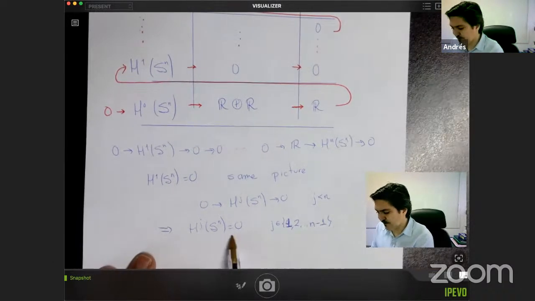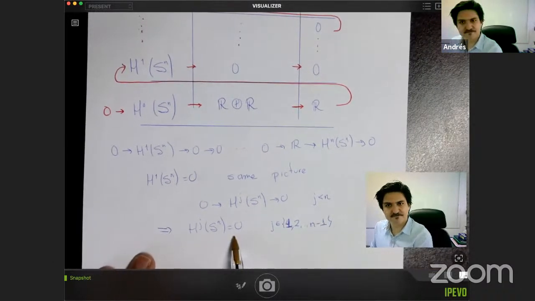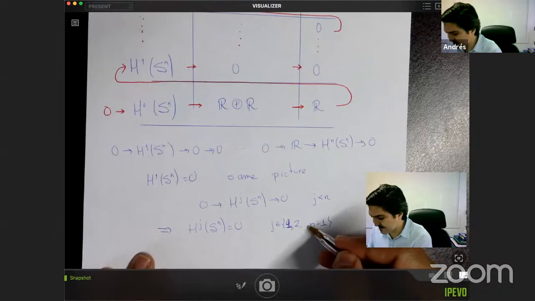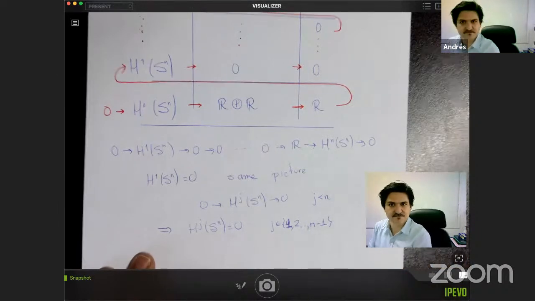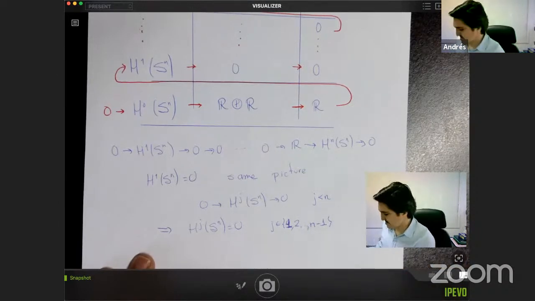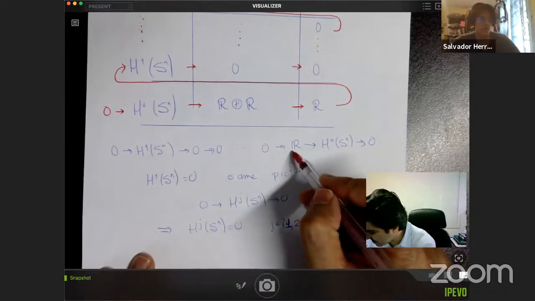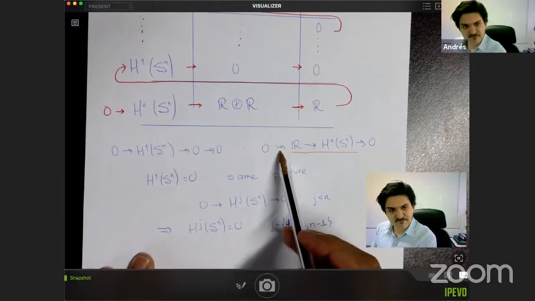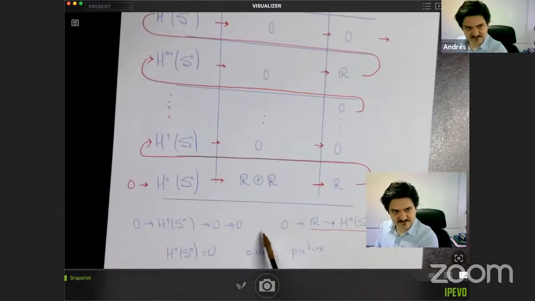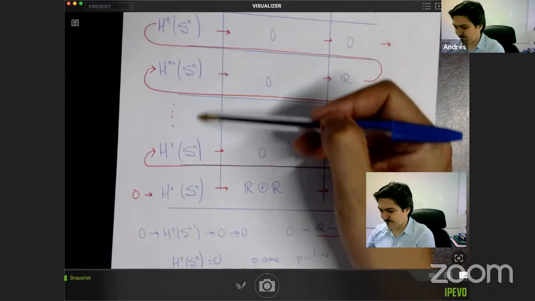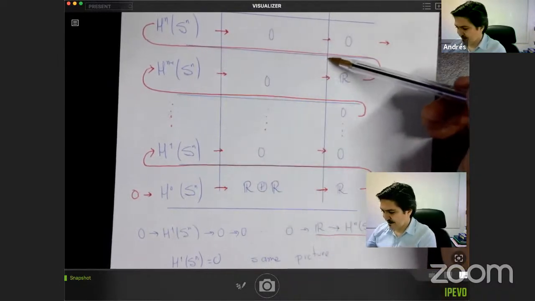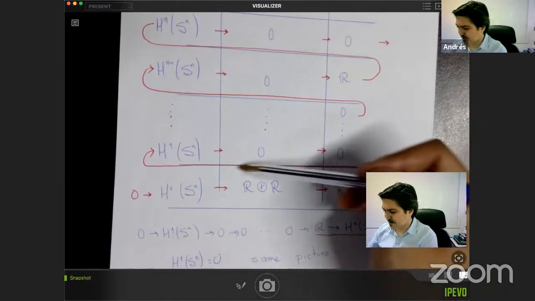Do you agree with this one here? Up to n minus 1. I'm not saying n. Yes, I agree. But if you move along, you have all of them here. Remember that all of these are zeros.